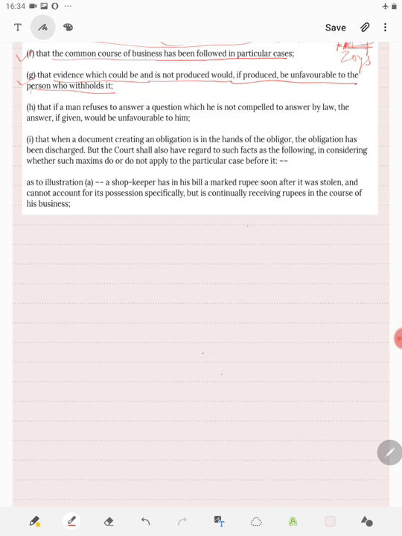But there is certainly something important to be noted here, that in case of prosecution for an offense, it is not necessary for the prosecution to examine all witnesses. Suppose the prosecution has named PW1, PW2, PW3 in the charge sheet, and PW3 is not examined.